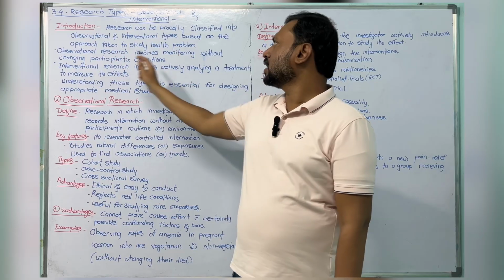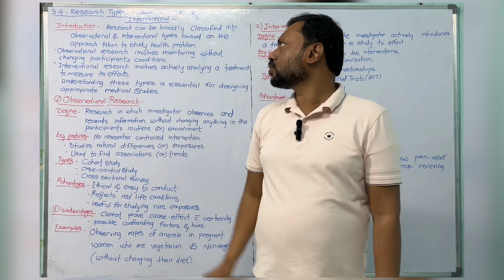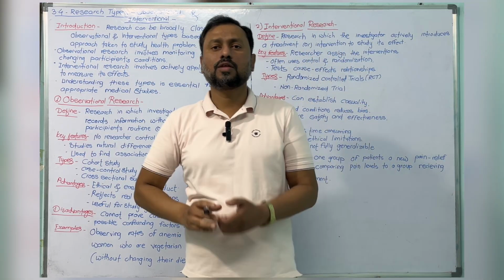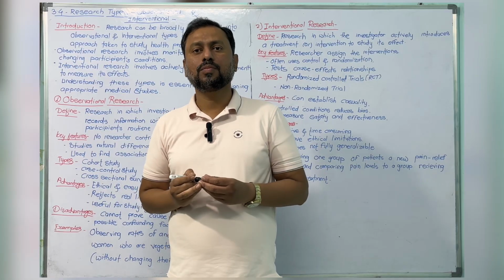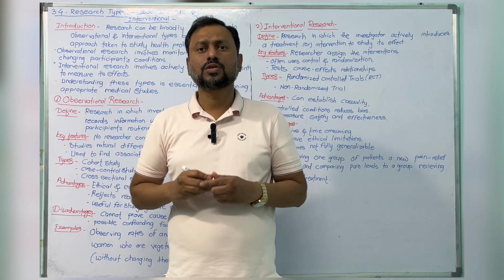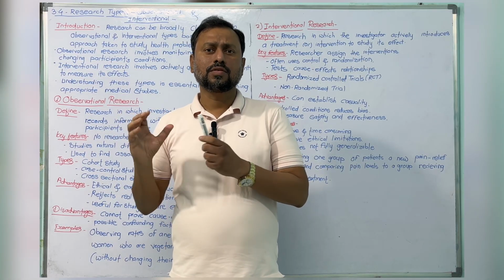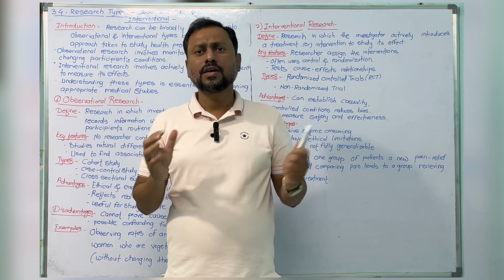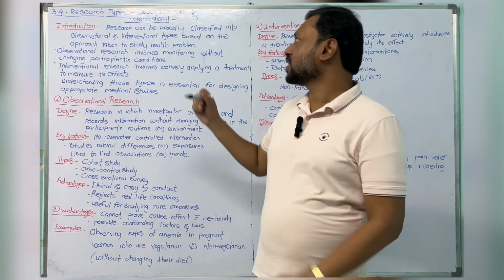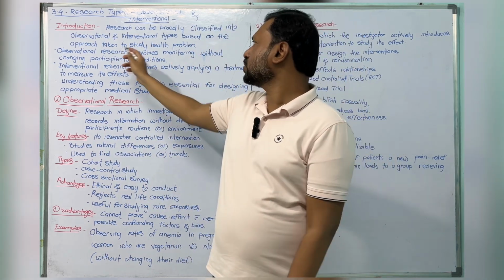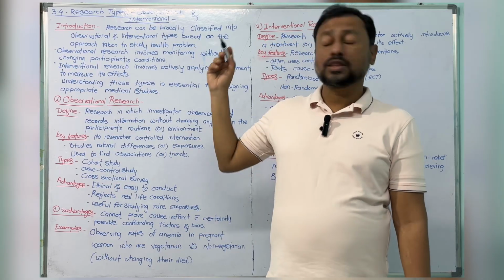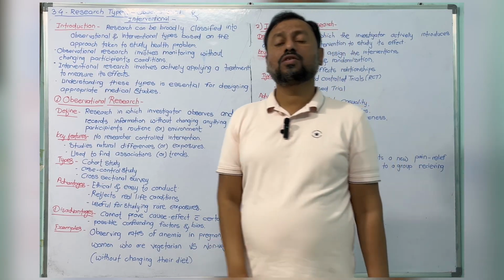If a patient is suffering from a specific disease, we study what problems the patient is facing, based on the approach taken to study. In this way we can classify it into two types.